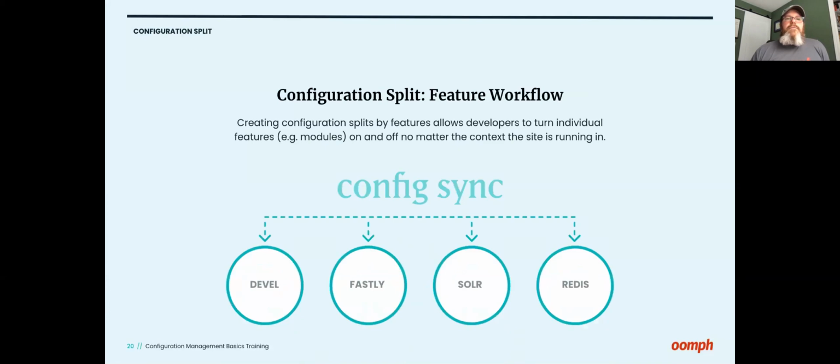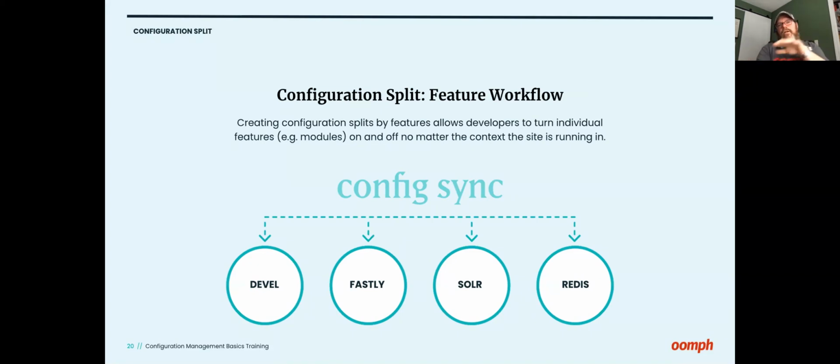And then you look at a feature workflow. Here you can see that instead of splitting into environments, we're splitting into features. So a Devel split, a Fastly split, a Solr split, a Redis split. We're going to show some folder structure and some commands and settings.php configuration that kind of highlights these a little bit more.